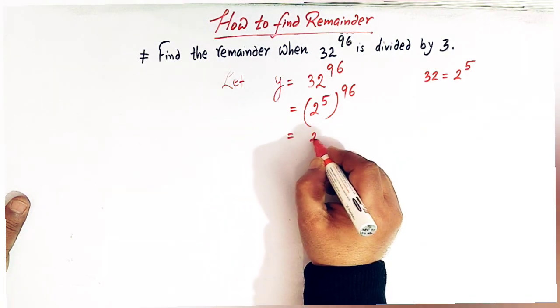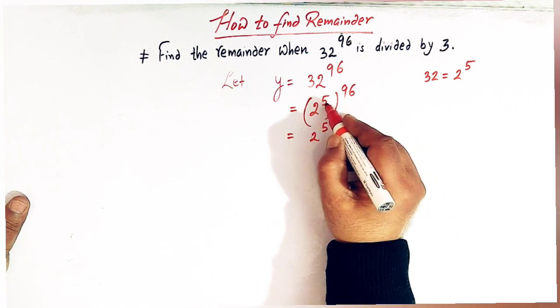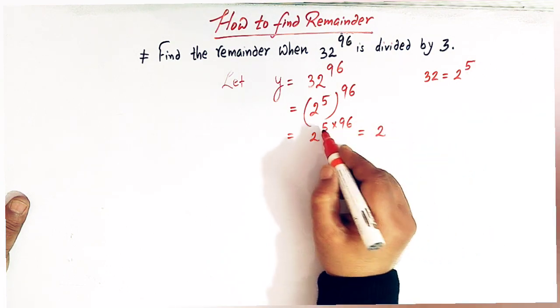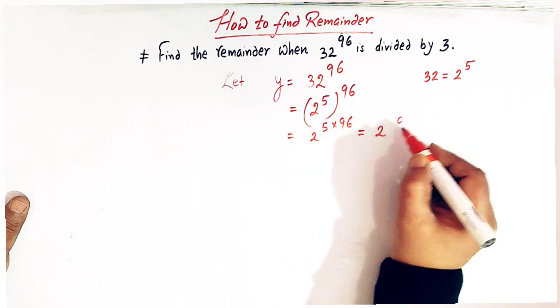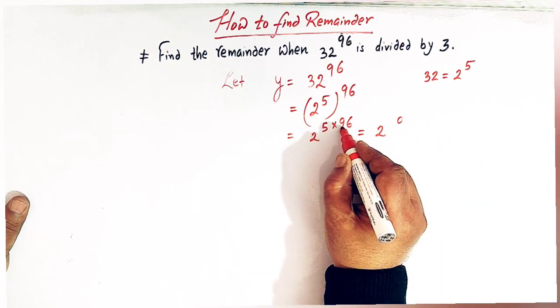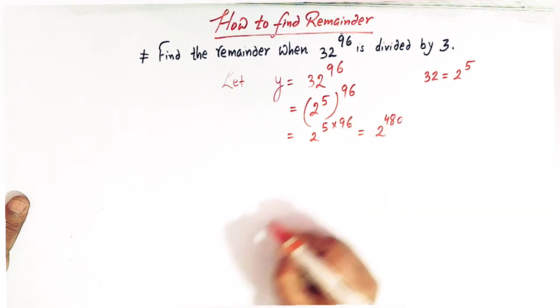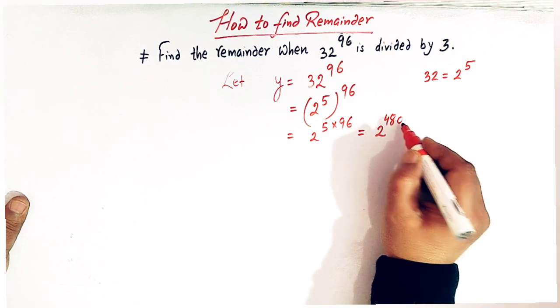So now we can write 2 raised to 5 times 96. By laws of exponents, we can multiply these two numbers. So we have now 2 raised to 5 times 96, which is 5 6 are 30, 5 9 are 45, 45 plus 3, 48, right? So we have 2 raised to 480.